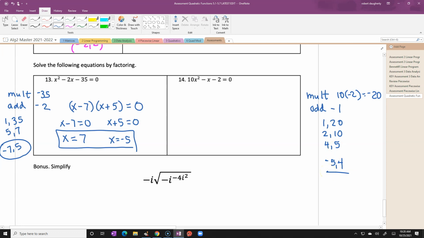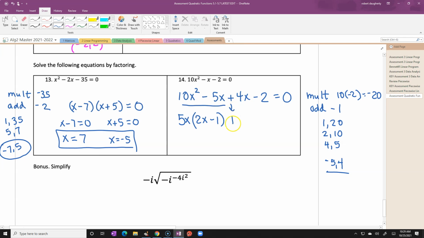You use those numbers to rewrite this problem as 10x squared minus 5x plus 4x minus 2 equals 0. All you're doing is writing that minus x as minus 5x plus 4x, but you're guaranteed that this will factor by grouping. Factor out a 5x, and you're left with 2x minus 1.